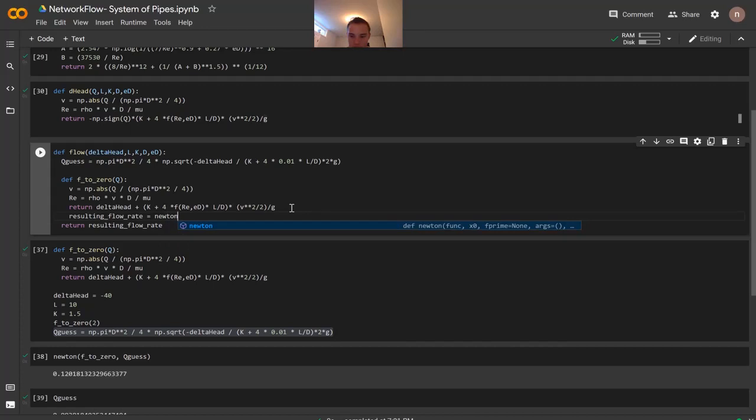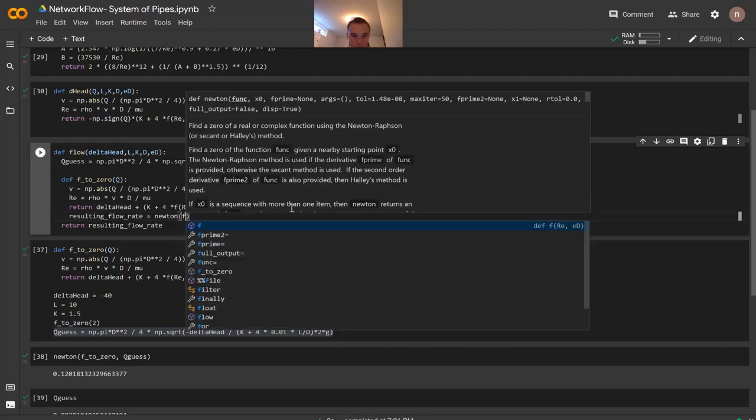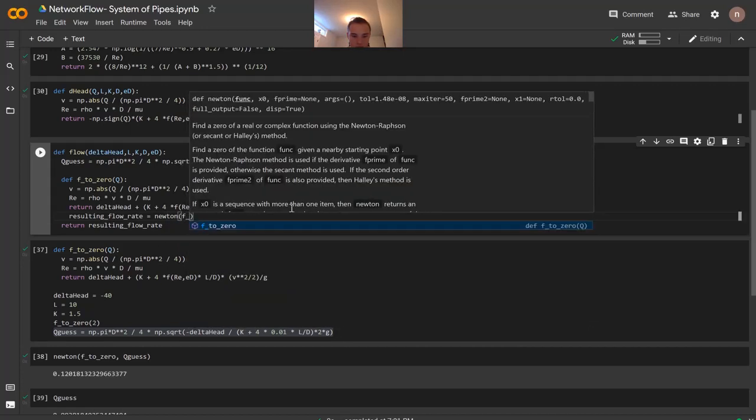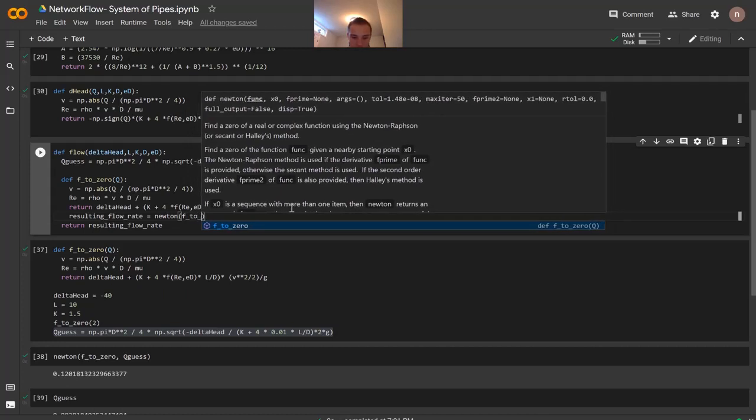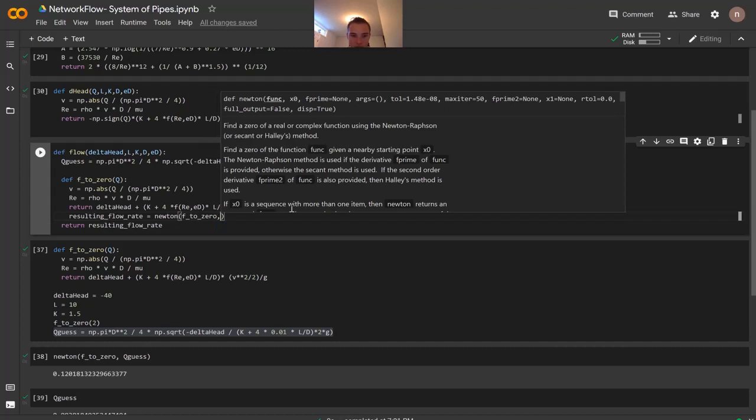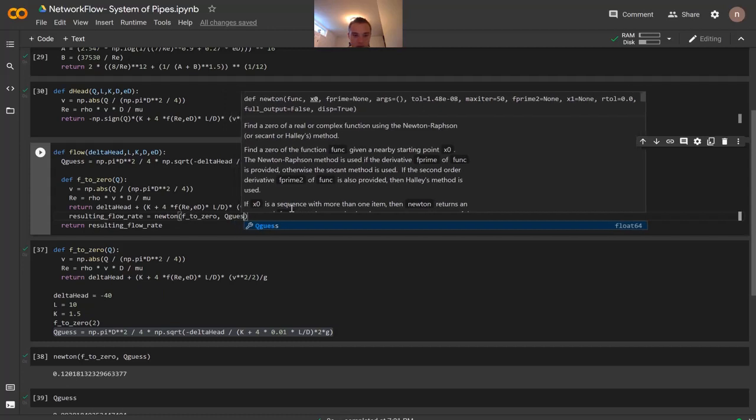So we have our Newton, and then our inputs will be our f to 0, which is going to drive it to 0, F to drive our function to 0, and then we'll have our initial guess, which is our flow. So, and then we have Q guess.